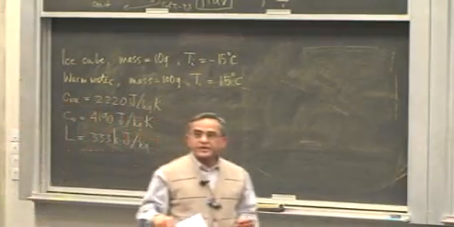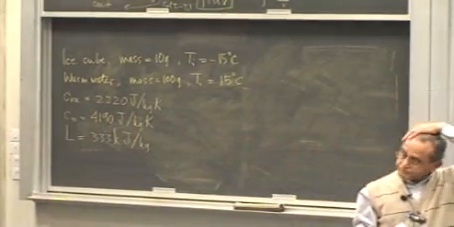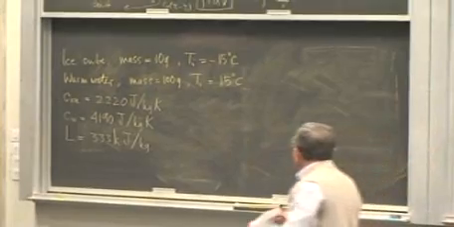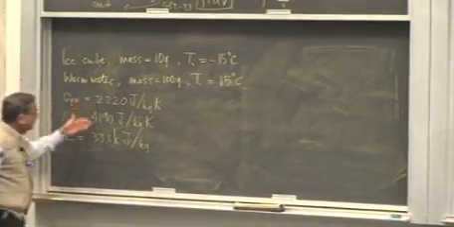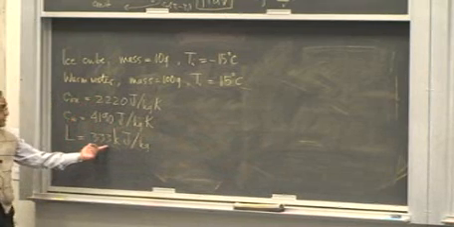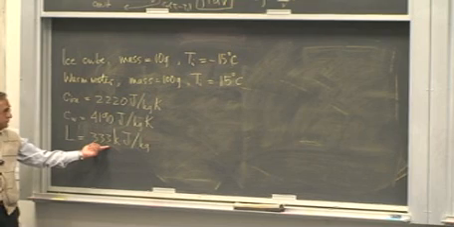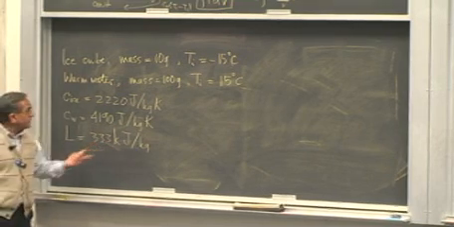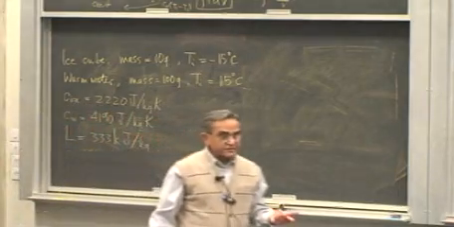It's very interesting, you know. Latent heat is pretty large in quantity. This is only 2,000, this is only 4,000, and this is 330,000 joule. So it is about 100 times larger than the heat capacity.